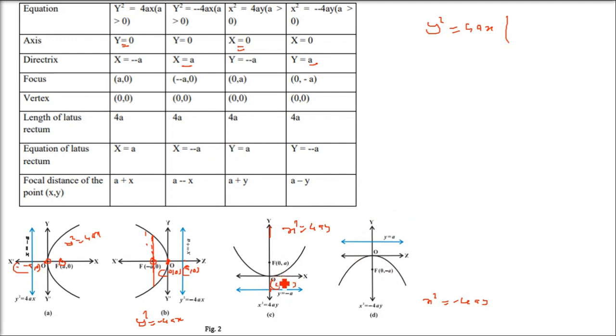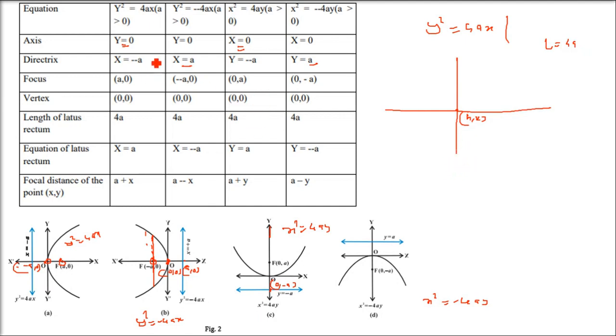One more thing is that we have done it for our ease, but this case will not always be there. I am saying that the vertex will not always be (0, 0). It can be anywhere. So say it is at some point (h, k), not (0, 0), and the latus rectum remains 4a. Then what will be the equation?